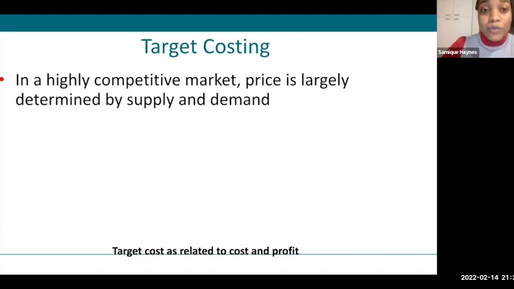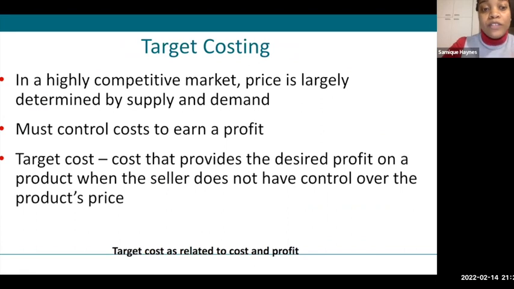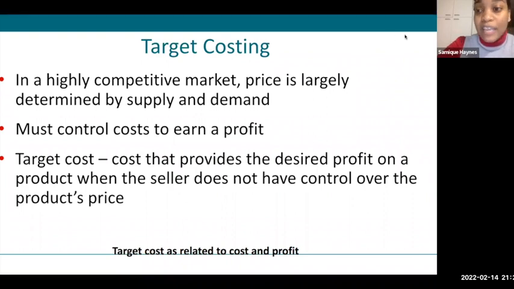We knew the price that was set by the market, and we knew what we wanted our profit to be, so we were able to find out a target cost. We will use that cost when managing our business to ensure that we stay within it and make our desired profit.